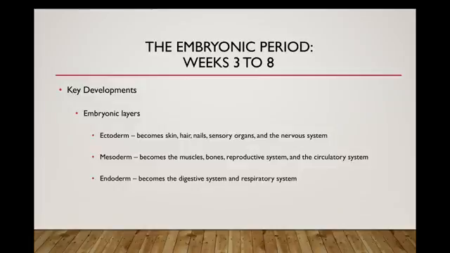The embryonic period is really critical, because there are many critical developments taking place during this time. You have the ectoderm, the mesoderm, and the endoderm, from which we get the development of the nervous system, the circulatory system, and the respiratory system, which are critical. So we have the central nervous system developing, the heart developing, and the lungs.